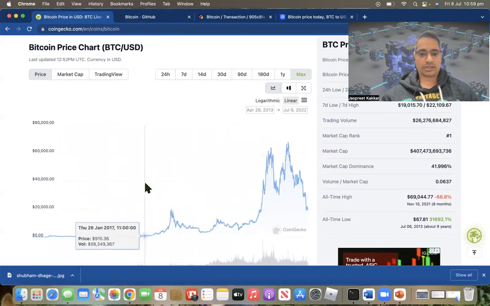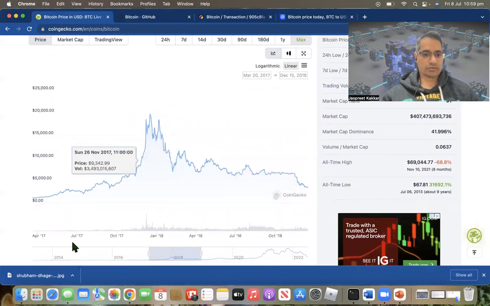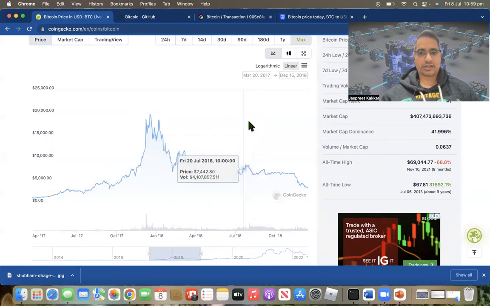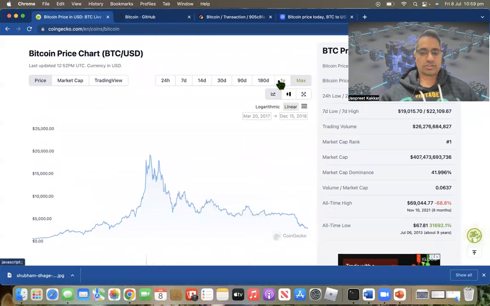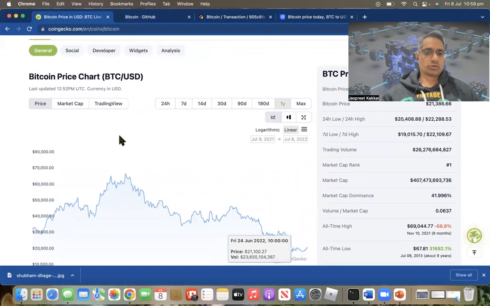You can even zoom in on a particular time frame. Here I have zoomed in onto 2017 and 18, and you can change it back to the last 1 year and so on. So this is the chart of price.